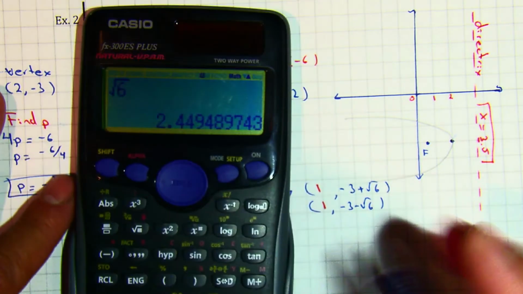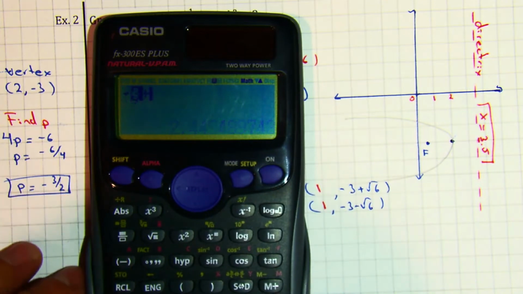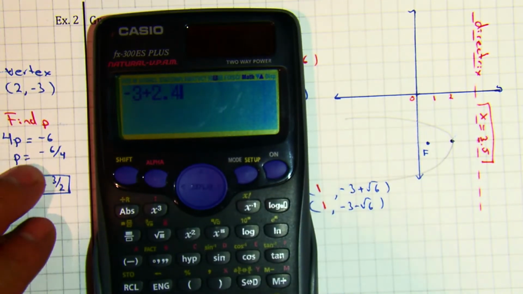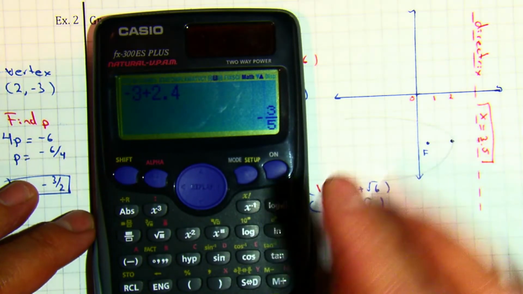So negative 3 plus 2.4 is negative 0.6. So the point is 1 and negative 0.6. Negative 3 minus 2.4 is negative 5.4.